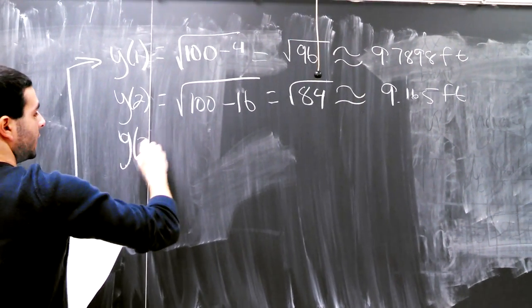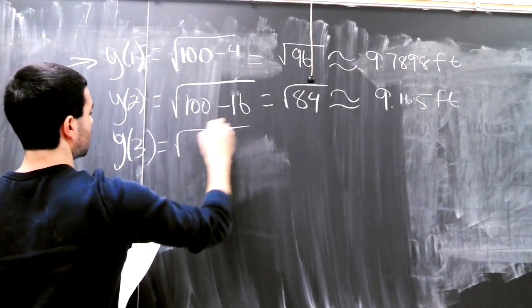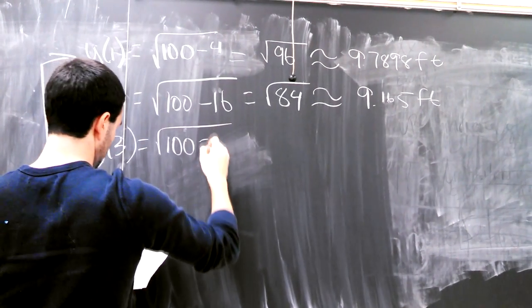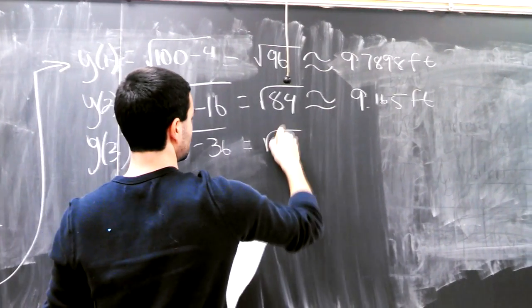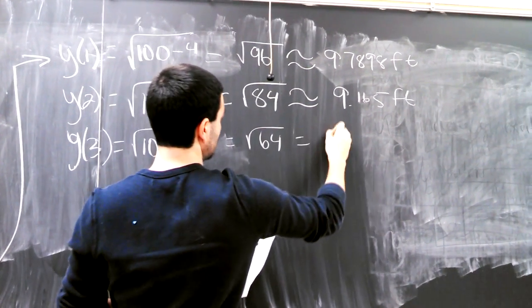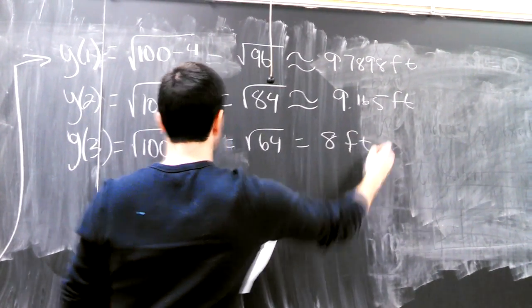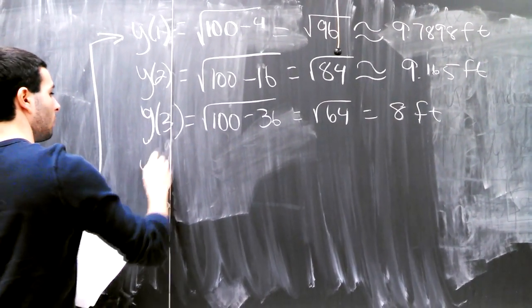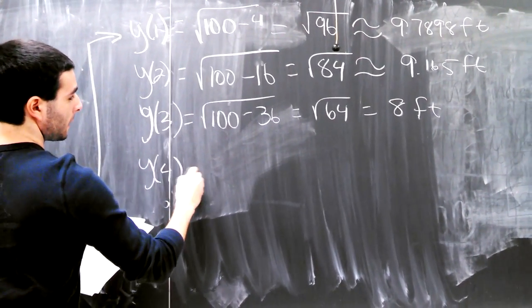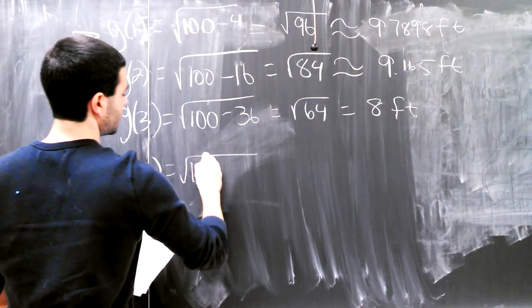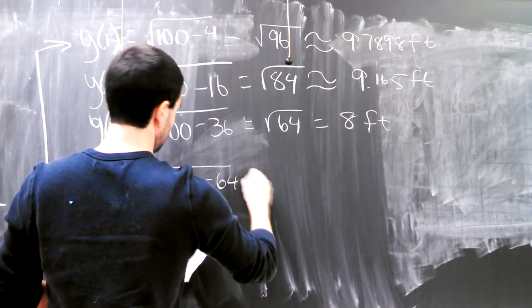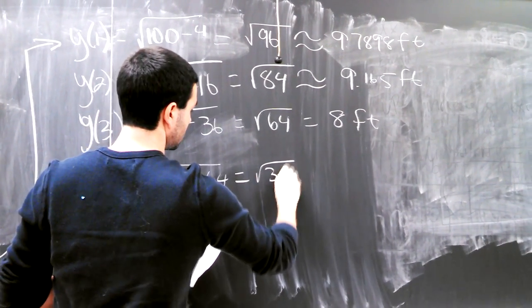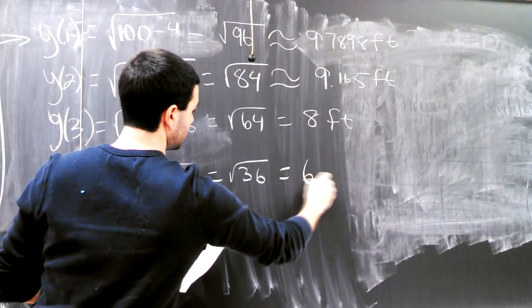Y of 3 is equal to radical 100 minus 36, which is equal to radical 64, which is equal to 8 feet. Y of 4 is radical 100 minus 64, which is equal to radical 36, which is equal to 6 feet.